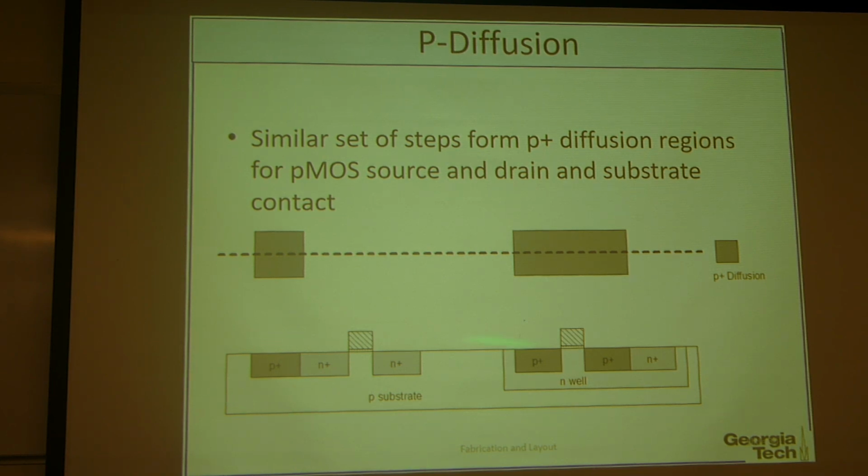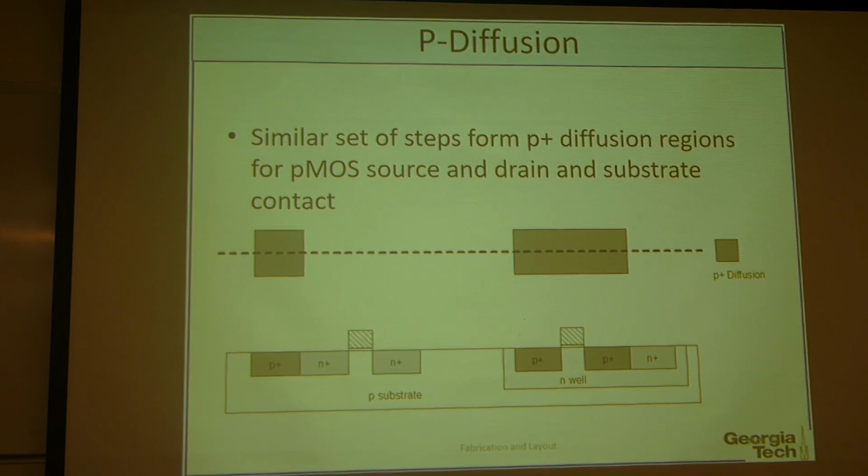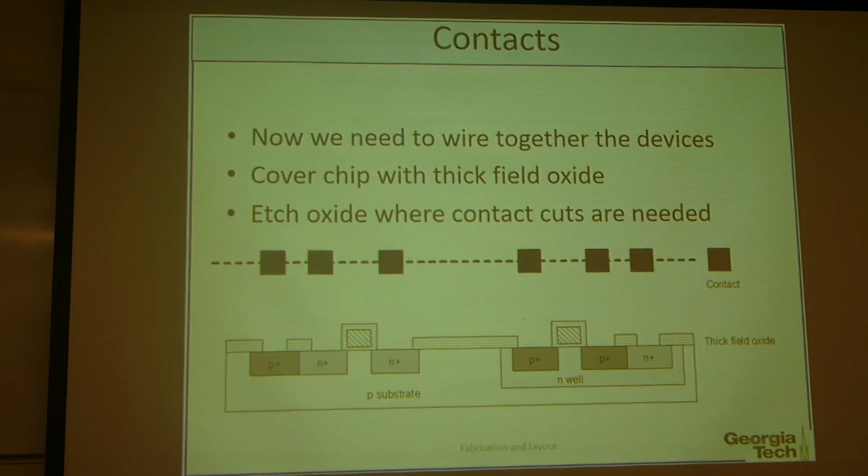Since these are transistors, we call the process steps up to now the front end of line. And after this transistor process, we call it the back end of line. For the beginning of the back end of line, we need to make a hole for the electrode connection.